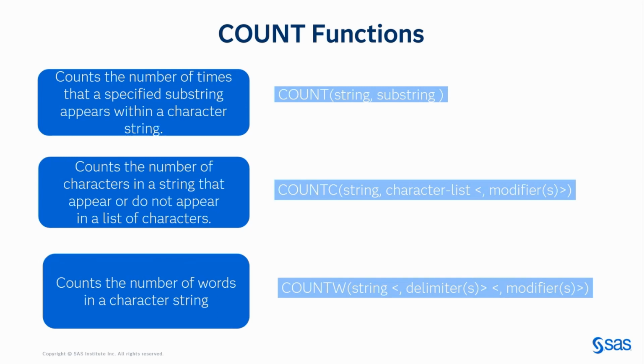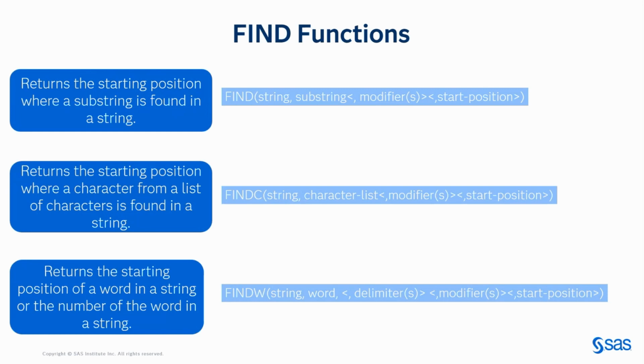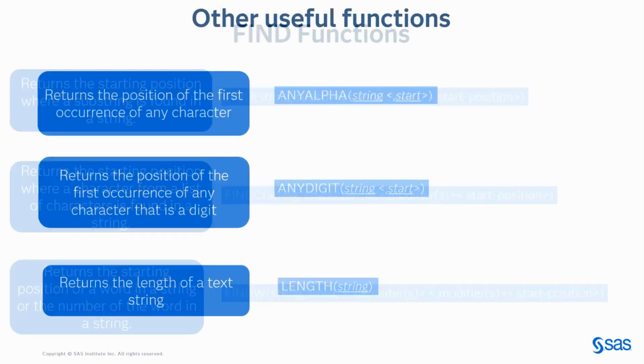Then you have the FIND function, with FINDC and FINDW. FIND searches through the text to find the first occurrence of a text string, and then returns the first position. So you will see examples of that as well.